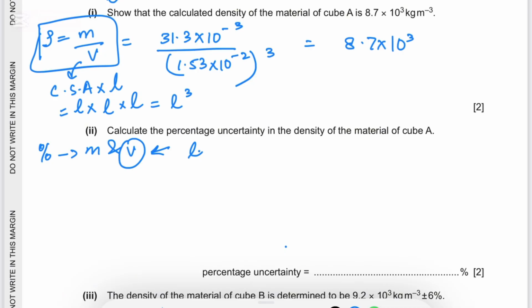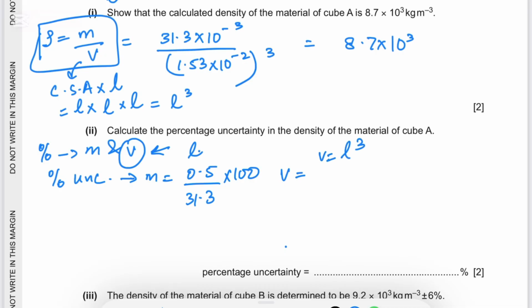So let's look at how to find that value for the mass. It is equal to the uncertainty divided by the measured value, multiplied by 100. So that would be 0.5 over 31.3 times 100 for mass. And for volume, volume here is length cubed.